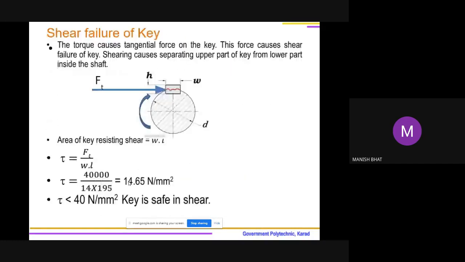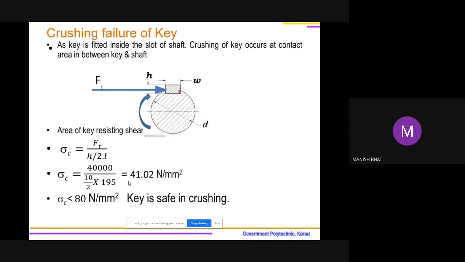So 41.02 is the induced crushing stress. It is less than 80 Newton per mm square. So we can say that the key is also safe in crushing. Two failures are possible in a key, either shear or crushing, and we have checked both.